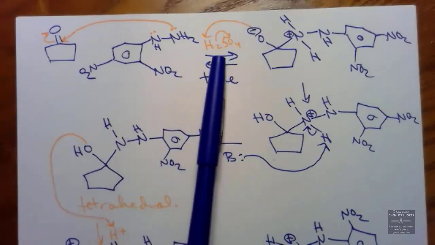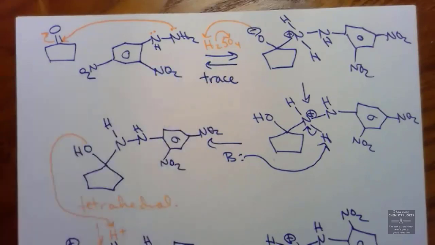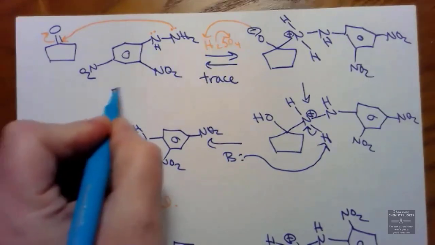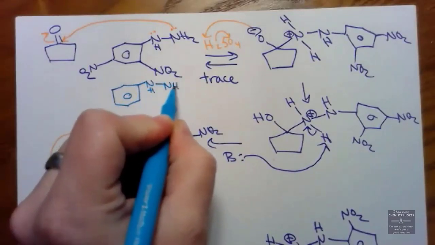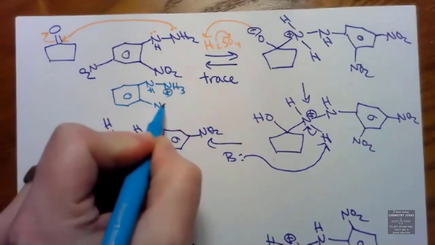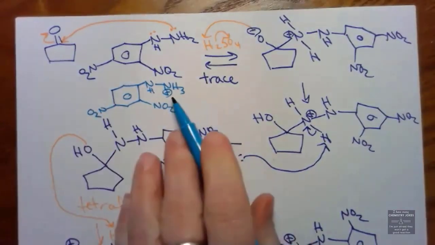So if you have a lot of acid in solution, are you going to have an amine? No. You're going to end up with an ammonium. And if you have an ammonium, can you attack the carbonyl carbon? I think not, because this is no longer a nucleophile.